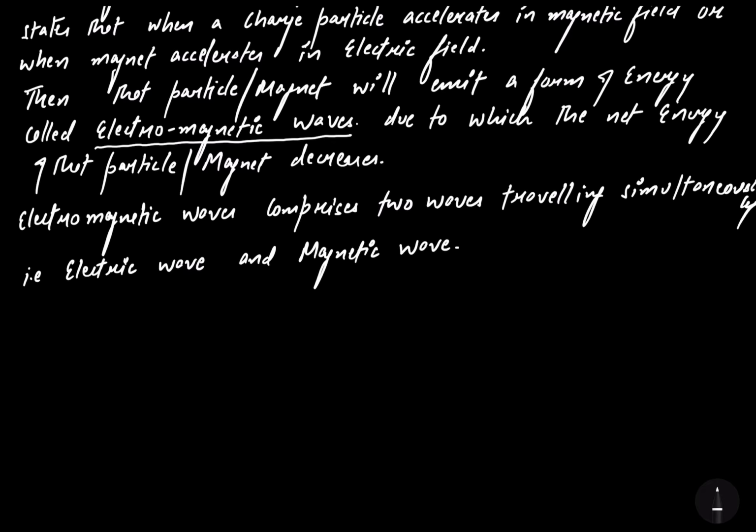So electromagnetic waves comprise two waves traveling simultaneously, that is the electric wave and the magnetic wave.